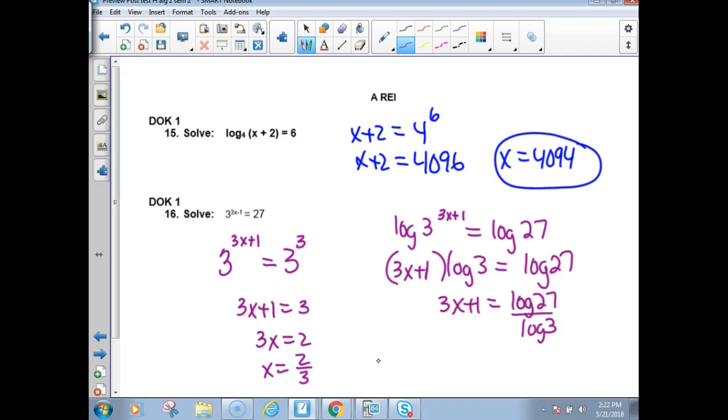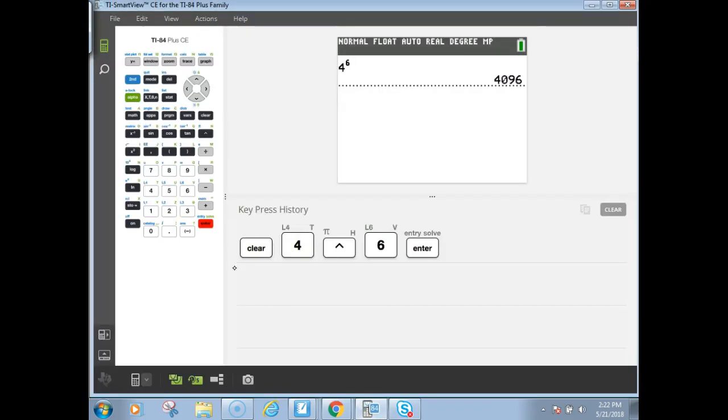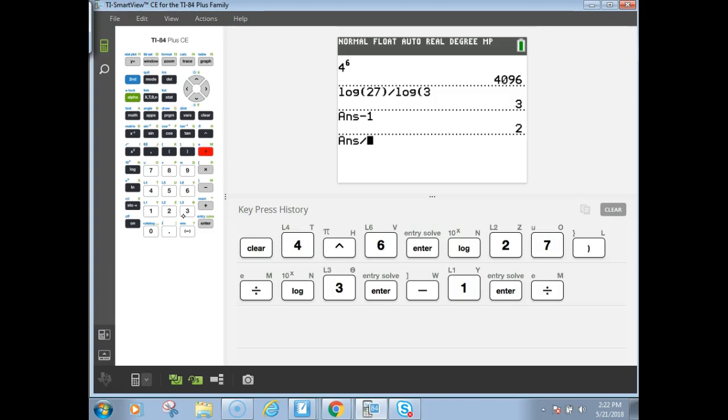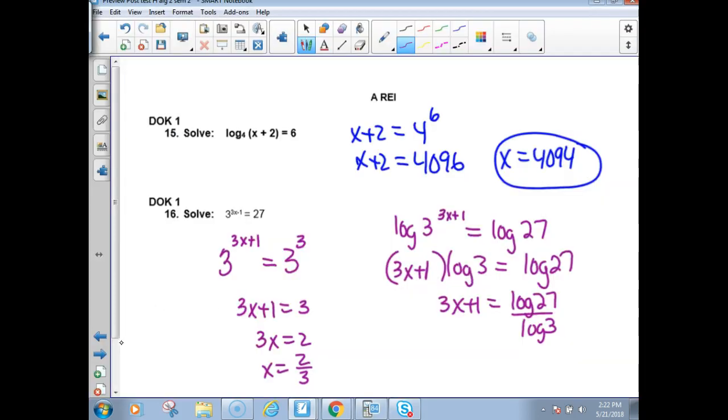Okay, so if you type log 27 divided by log 3, I'll even do it. You're going to need to close the parentheses if you're going to type it all at once. Okay. All right, and then you would subtract 1 and divide by 3, and we would have exactly 2/3, just like we did in the other part. 0.6 repeating. Got it? All right.